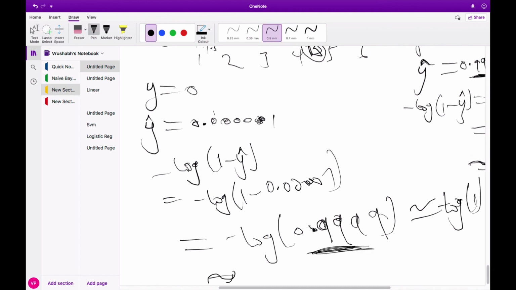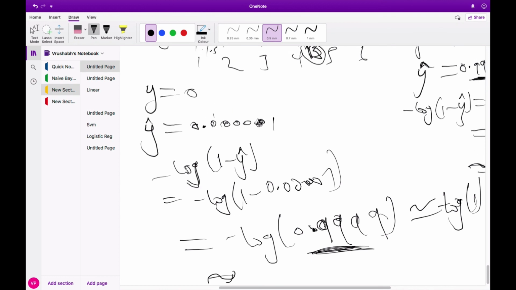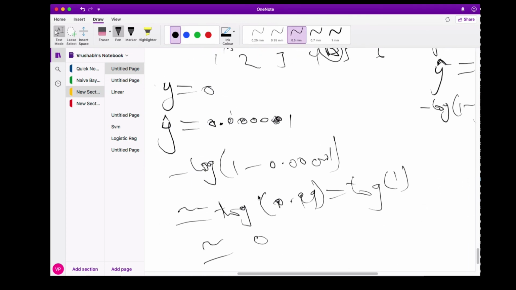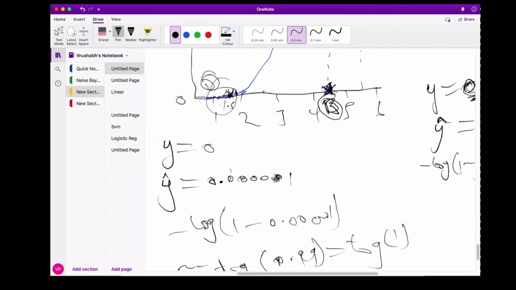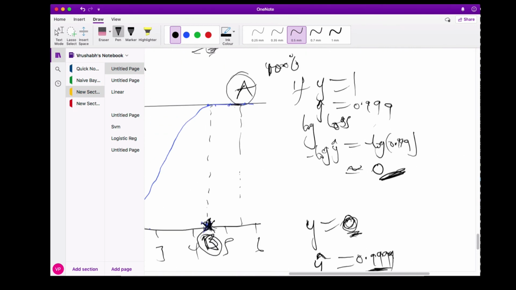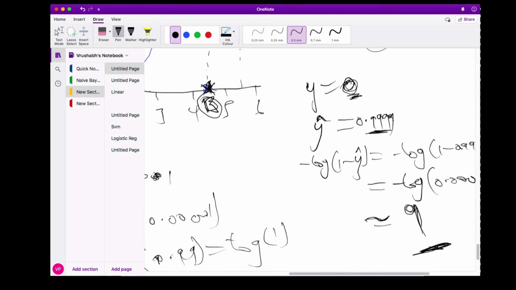So if we try to find that, we can see that the log of this is going to be approximated to 0, because log of 1 is 0. So we can approximate this to 0. Now we can see that when we have the right classification, the log loss is almost 0, just like over here too.